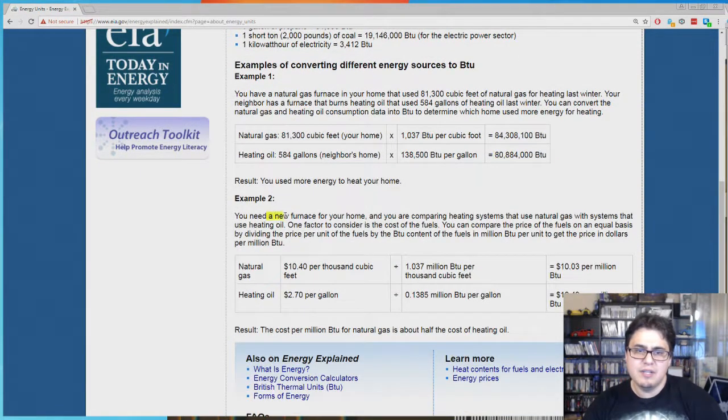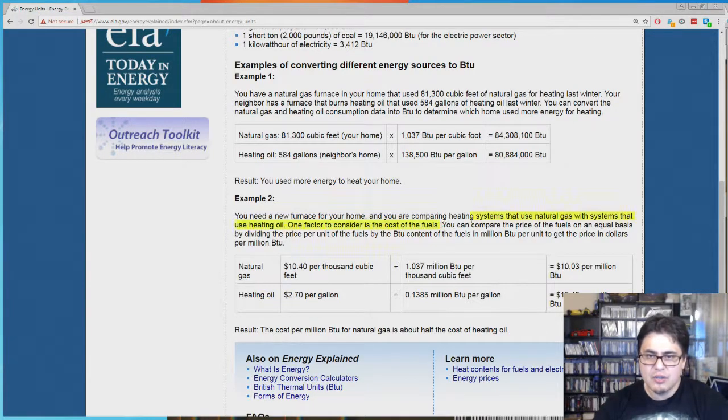Another example here is you need a new furnace in your home. Right now, you want to compare heating systems. Which one's a cheaper alternative, right? So I could call up the utility and ask them how much this energy costs. Here I have 2 options: natural gas and heating oil.